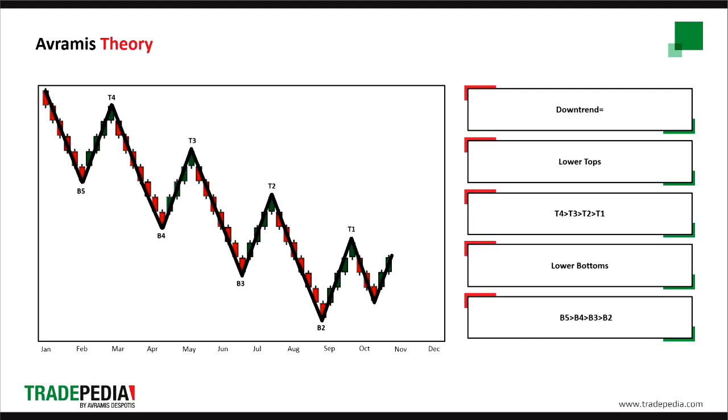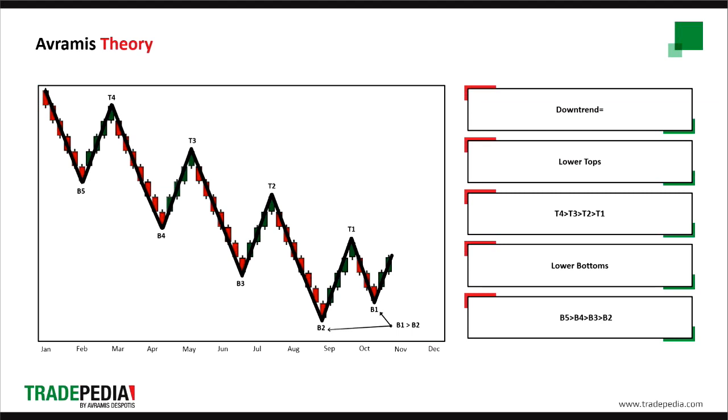They will defeat the sellers by pushing the price higher with two big green candles. And now what happened? Now I witnessed the formation of a bottom higher than the previous bottom. Now I have B1 higher than B2. The sellers failed to take the price below B2 as expected.